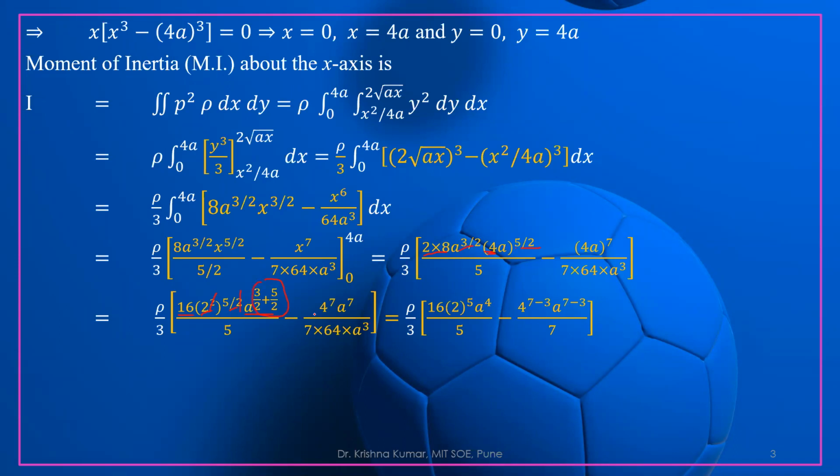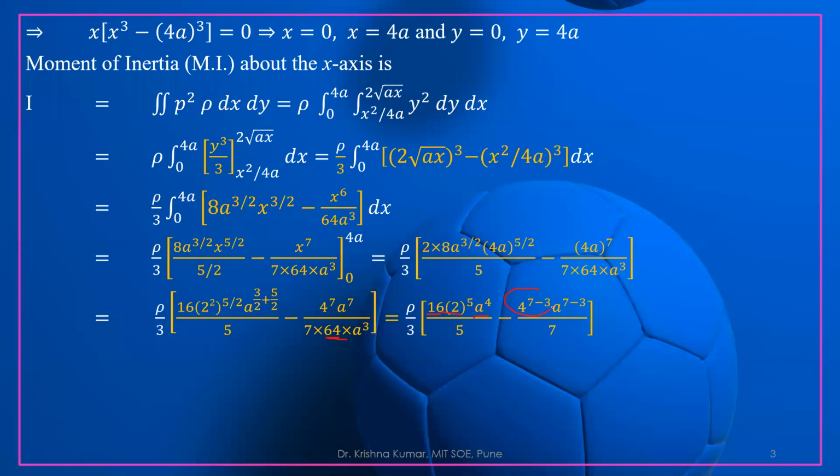In the next part, 4 to the power 7, a to the power 7, and 7, 64, a to the power 3. So next part is 16. 16 can be written as 2 to the power 4, 2 to the power 5, a to the power 4. And this 7 goes, this is 64. 64 can be written as 4 to the power 3.